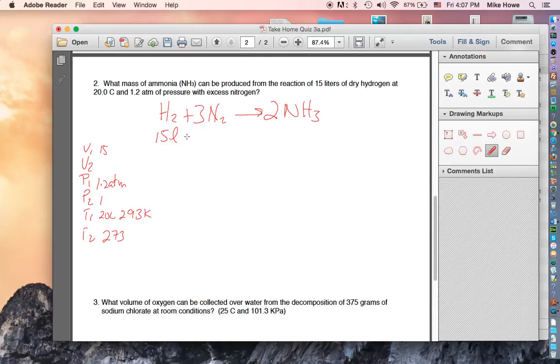So then you take your 15 liters and change it to standard conditions. Pressure going down means volume goes up, so it'll be 1.2 over 1 as far as atmospheres are concerned. And the temperature's going down, so the volume would go down, so it'd be 273 over 293.